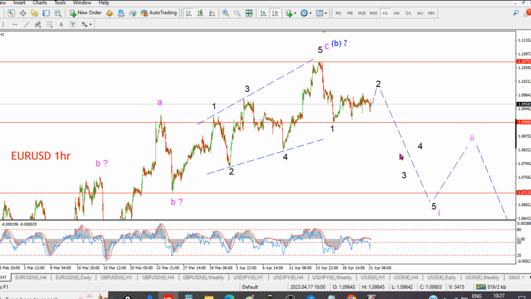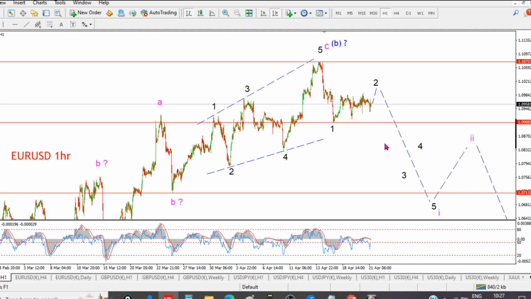So you can see that this is going to be a convoluted process. We've got wave 1 done. I'm not sure if we've got wave 2 done. I was showing wave 2 at last night's top, or yesterday's top, but the action doesn't support that just yet.